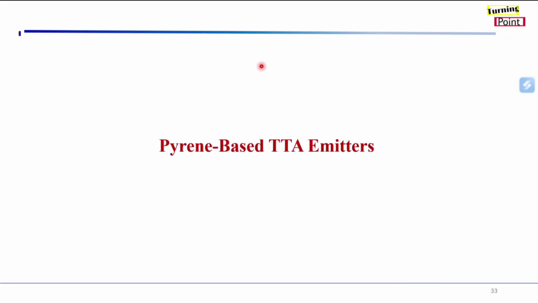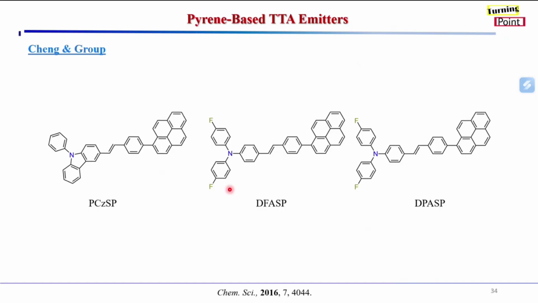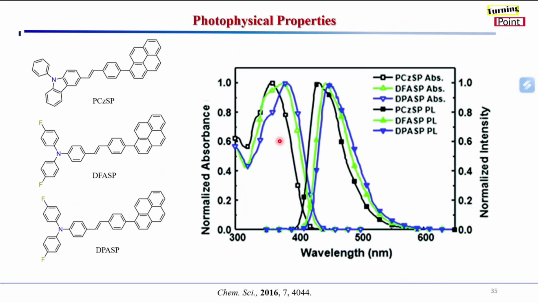And not only the anthracene molecule, pyridine-based molecules also show the triplet annihilation process. Therefore, the Chang group synthesized these three pyridine-based molecules. After that, they studied their photophysical properties and got deep blue emissions in solid state.